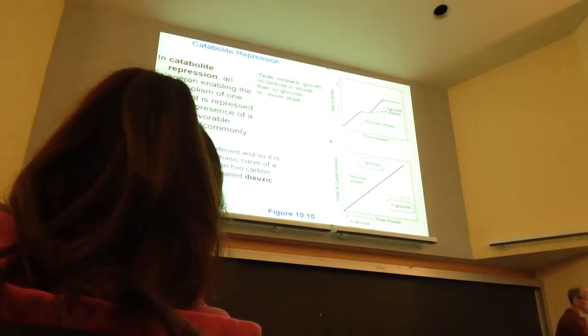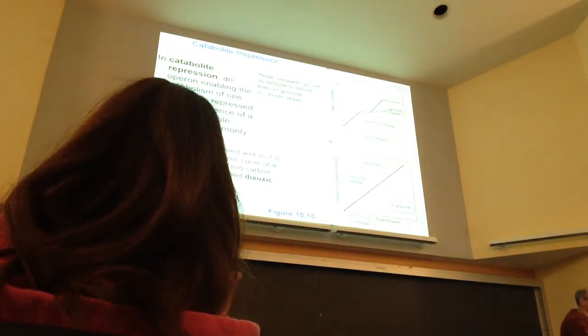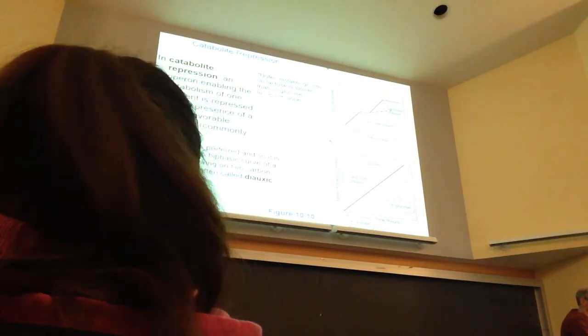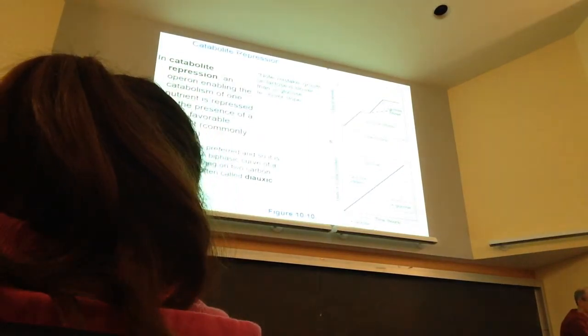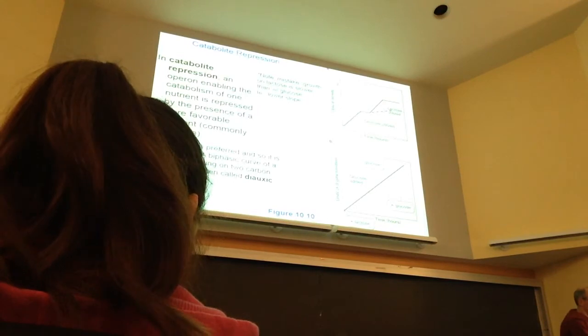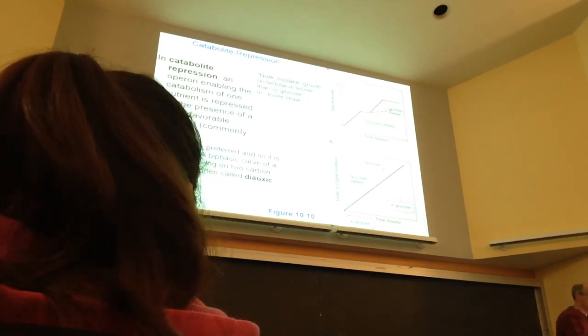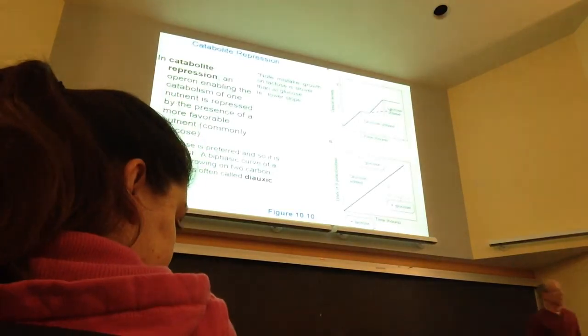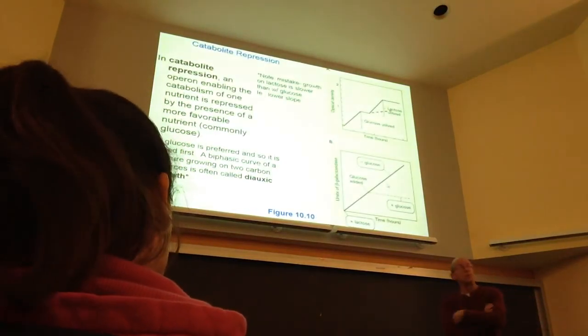And so beta-galactosidase represents the synthesis of the lac operon. Glucose is added, and it stops the synthesis of those lac genes. Whereas in, say, control cultures, you don't add glucose, beta-galactosidase continues to be produced.